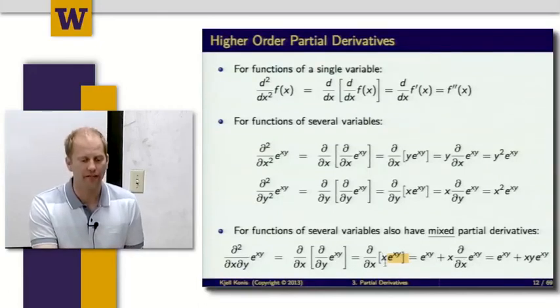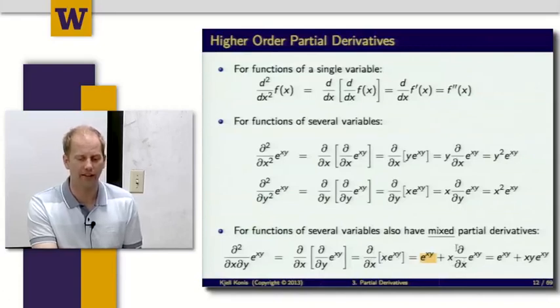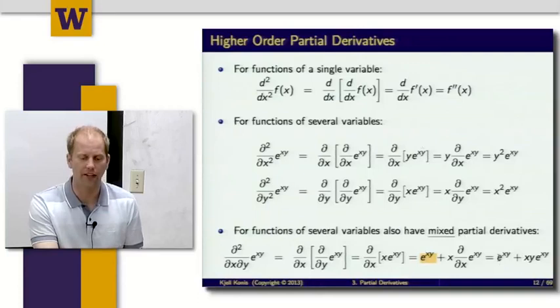So I have the derivative of the first function times the second function. The derivative of x is just 1, so the first term in the product rule is e to the xy. Then plus the first function times the derivative of the second. So I'm going to take x times the partial with respect to x of e to the xy, and we already worked that out above too. So I have e to the xy plus xy e to the xy.